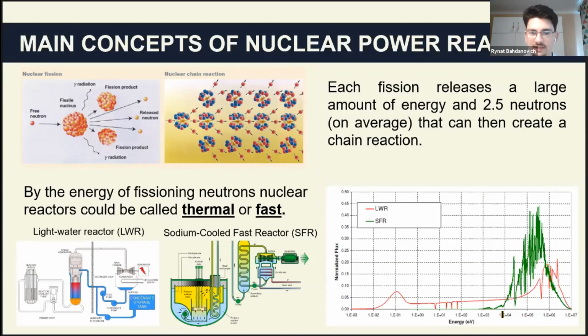In fast reactors, fission is caused by intermediate and fast neutrons. The typical concepts of power reactors: for thermal reactors, it's light water reactors, and for fast reactors, it's sodium-cooled fast reactors.